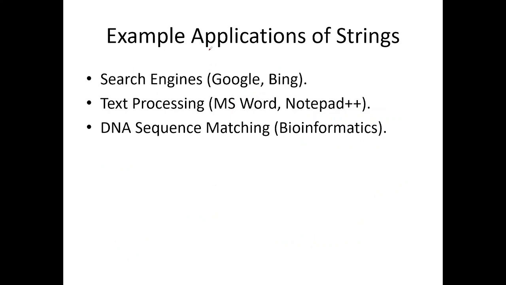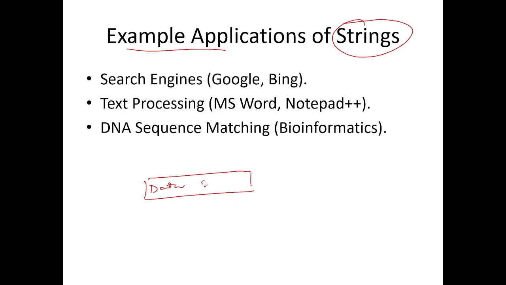Now coming to the examples where strings are used. Imagine you go to Google Chrome and you type something like data structures. As soon as you type data structures, within seconds you will see so many results. How is this happening? This is happening by string matching itself, and this is implemented using algorithms built by Google and Bing.